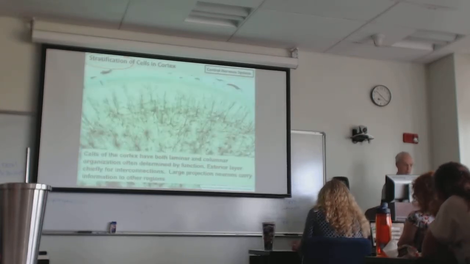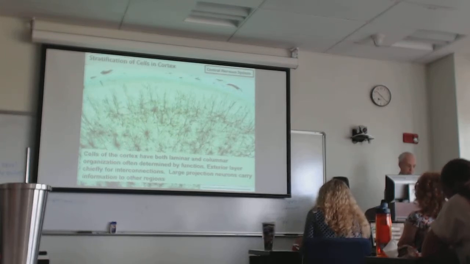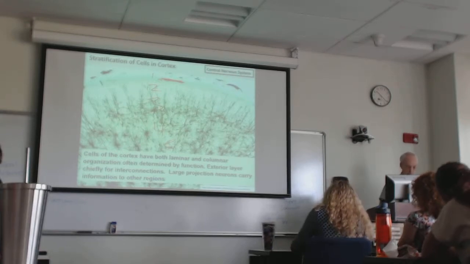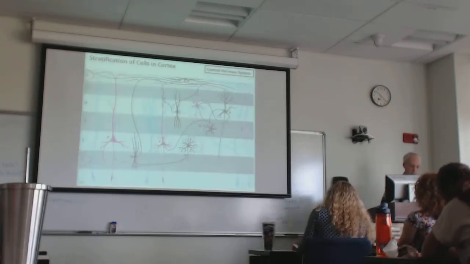You can see some of that laminar organization here. This would be layer 1 here. This would be layer 2, 3, and then it gets a little fuzzy, but 4 and 5 would be down in here. We don't really see 6 all that clearly. But let's go back and look at this illustration.